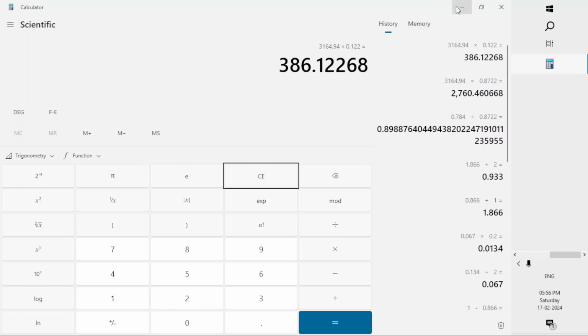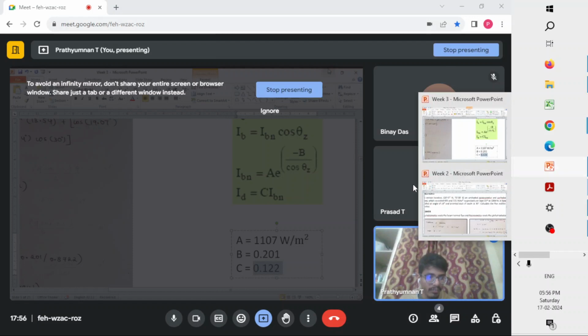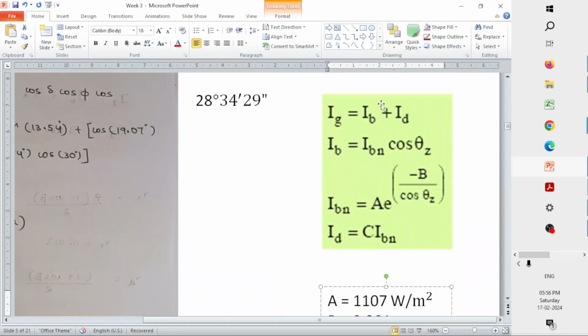Is it what you got? Yeah, so this will be the value. Now you know your value of Ib, and Id, so you can calculate your value of Ig.